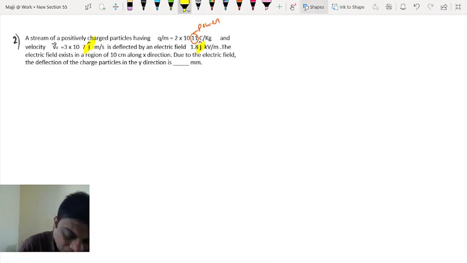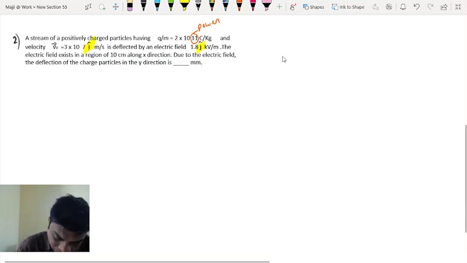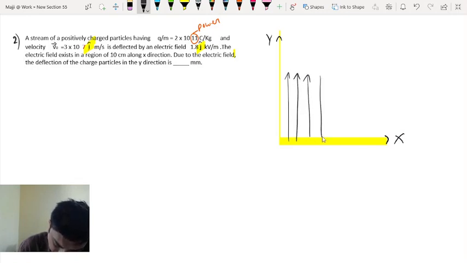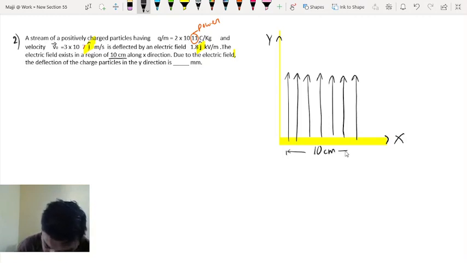So let us draw a diagram. Due to the electric field, the deflection of charged particles in the y direction is. So I would like to draw a rough diagram. So this is x-axis, this is y-axis. The electric field is along y-axis over a length of 10 cm.